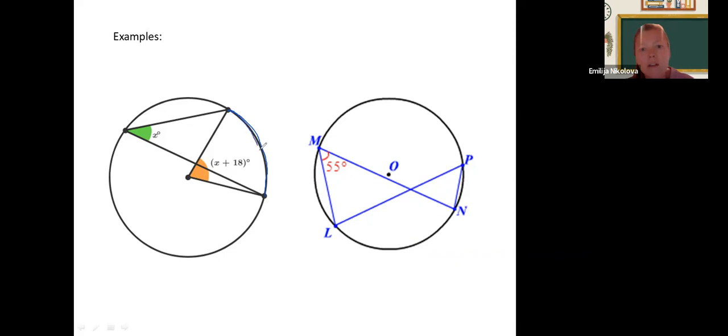That's really important, that the arc is the same for both of them. So knowing that, we can find out how much x is, and we can solve the equation. So twice this small angle will give me this big one, because we know that this one is twice the other one. Is this clear?